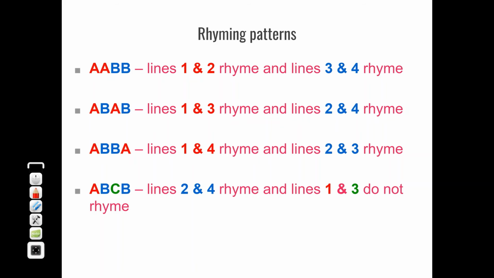Same thing with down here. Line 1 and 3 rhyme, A, and line 2 and 4 rhyme. Same with this one right here. This means the A's go together, so line 1 and 4, the B's go together.